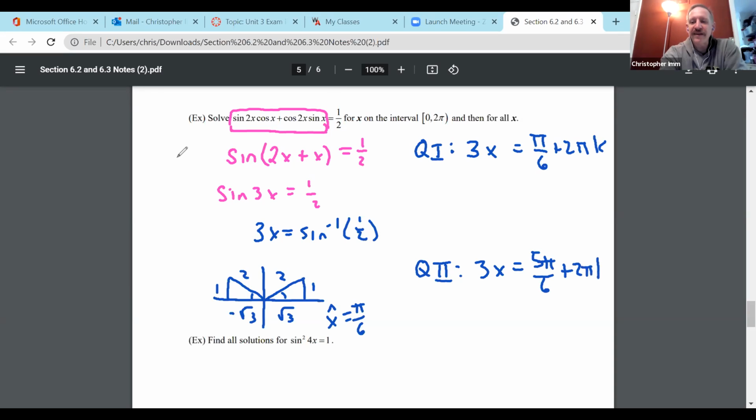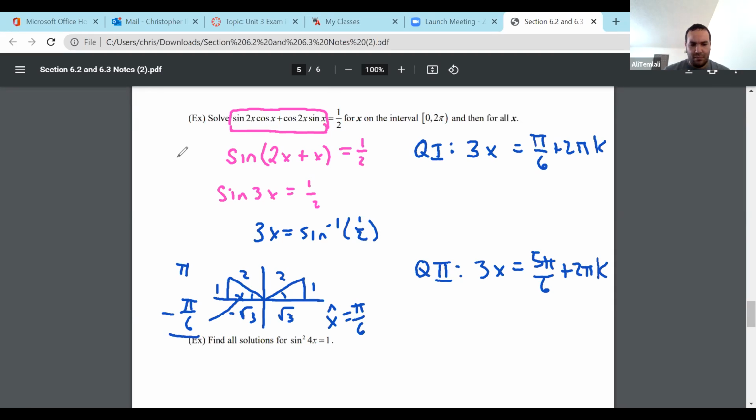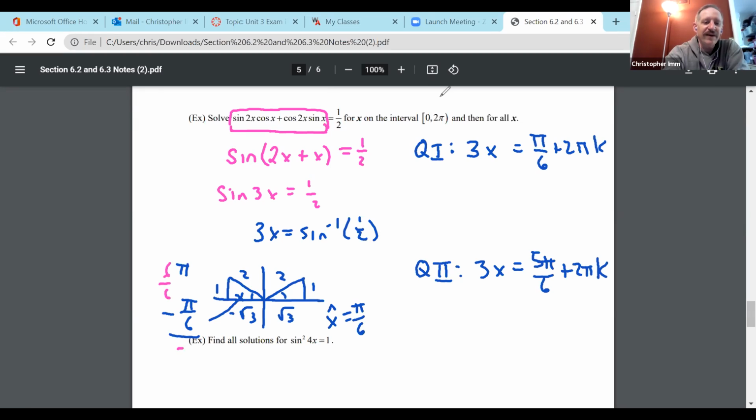So we use that reference angle to find that angle. If we're at pi over 6 as a reference angle, we know that pi is going to be 180 degrees, so we take pi minus that. Great job. And then we get a common denominator: 6 minus 1 is 5, pi over 6.